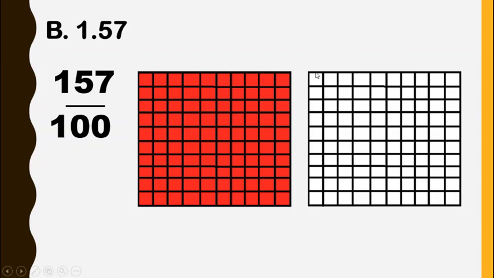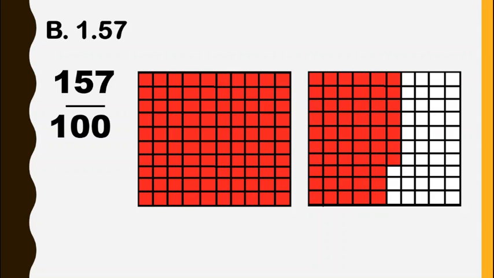So we'll have 57 in the second hundreds grid. So we have here 10, 20, 30, 40, 50, and the 7 ones. We got 157 in the hundreds grid. Now it's your turn to answer letters C and D in your math notebook using the hundreds grid.